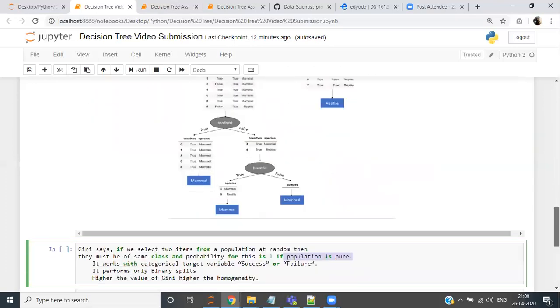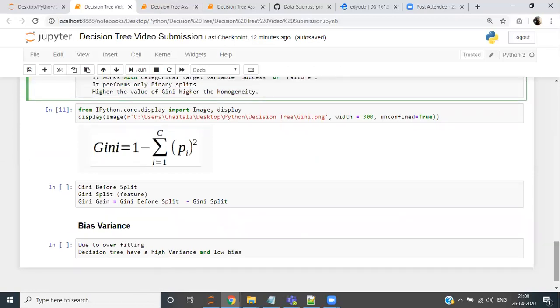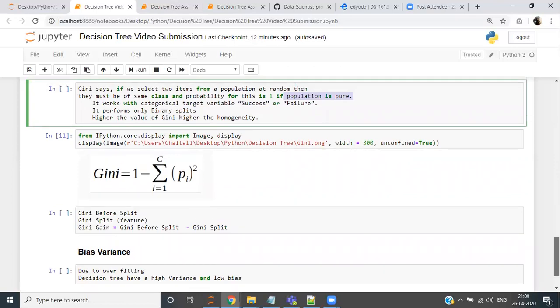And algorithms with overfitting problems mostly end up having very high variance and low bias. And that is why decision trees suffer, most of the times, from high variance and low bias. So it's always good if we select the parameters such that the bias variance ratio is somewhere in the middle, not too high, not too low, to give good features.